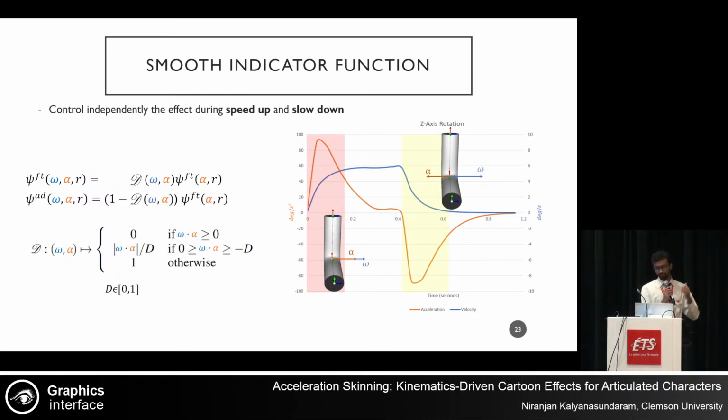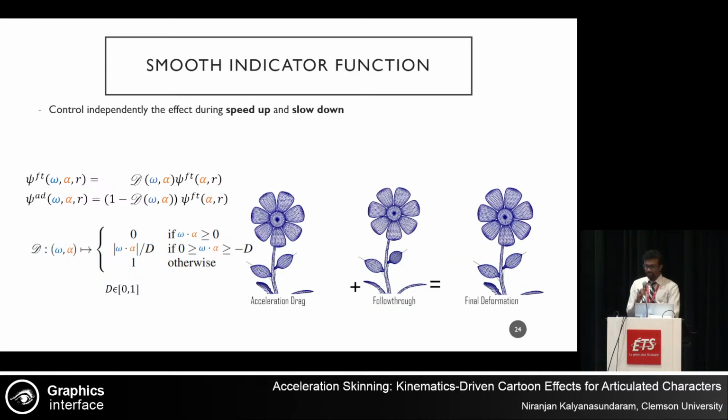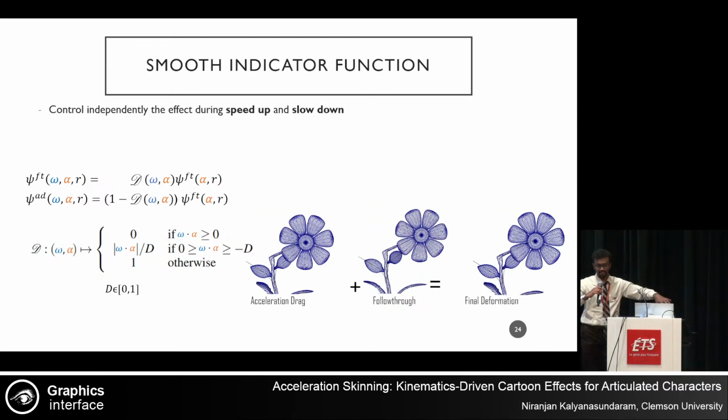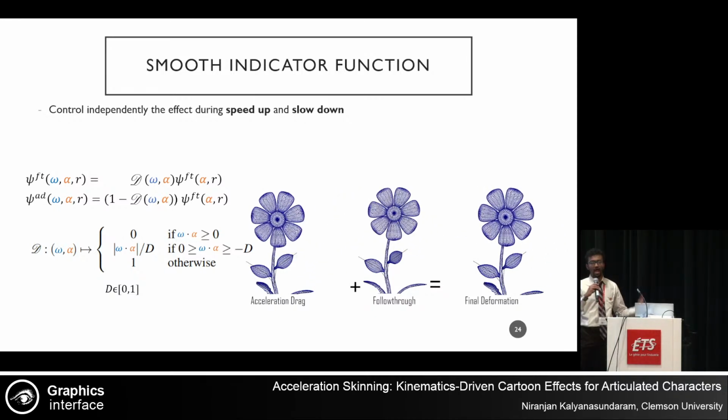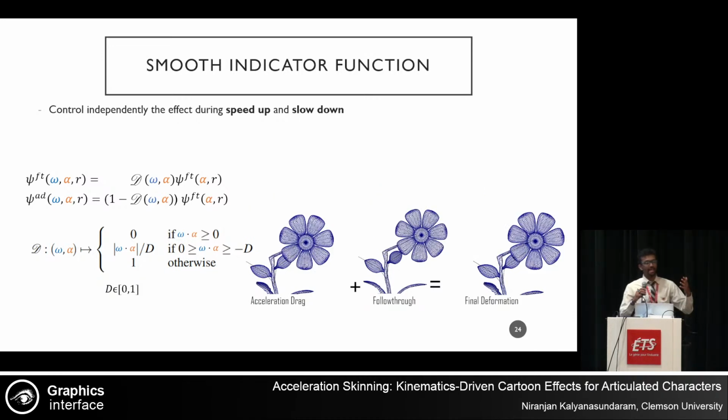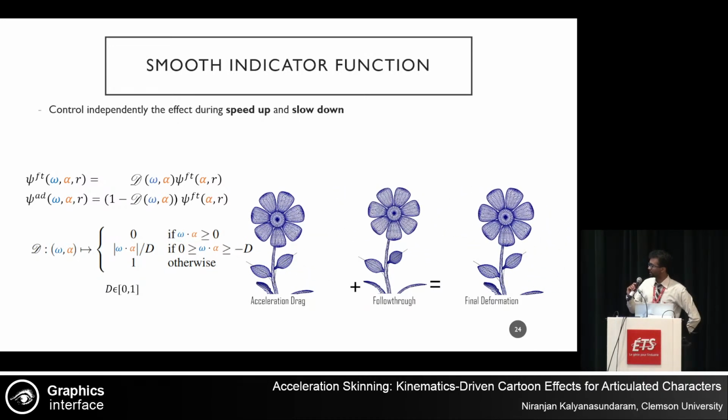If they're pointing in opposite directions, it's the slowdown phase. So using this, we now have the ability to separate these two phases, and this gives animators a lot more control over how the final product looks, because we can separate them and then combine it back together to see what you have here.